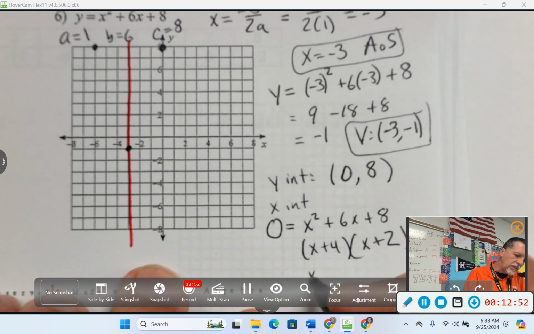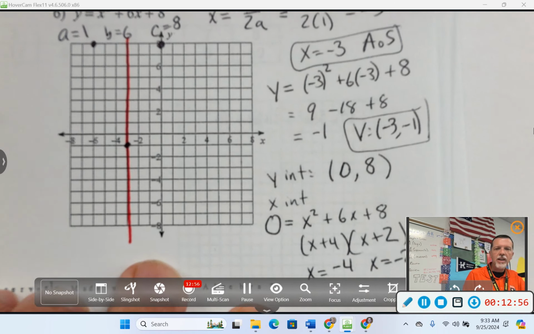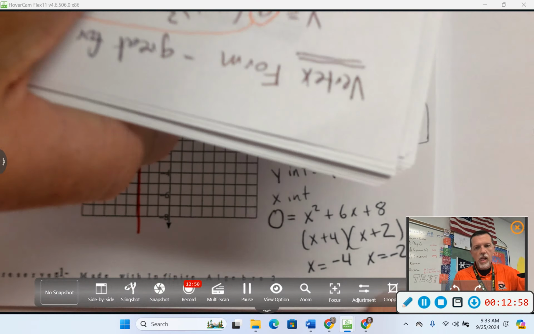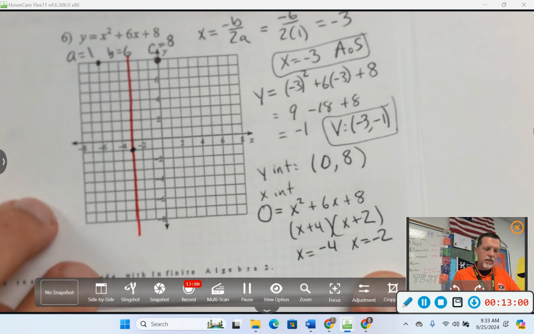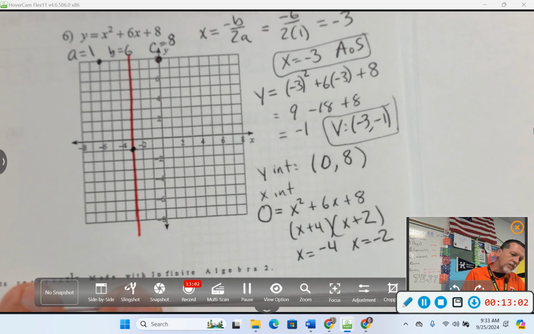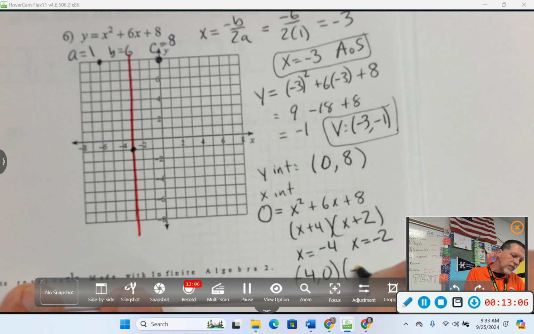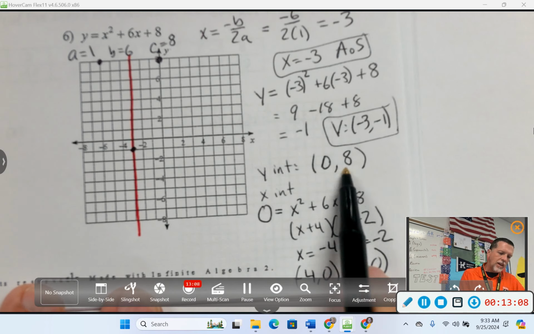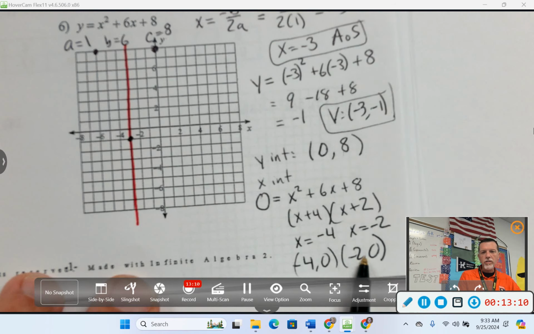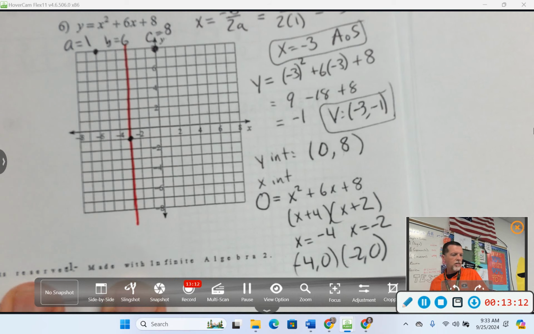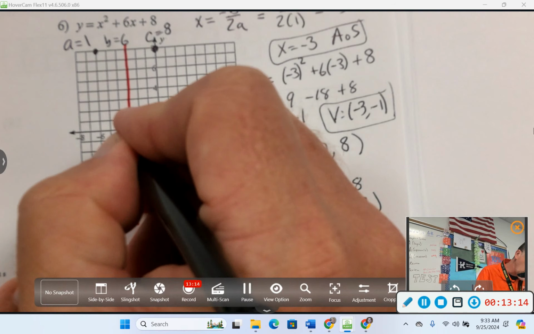If you see an easier way, hold on to that thought, because there is an easier way. Factor, and then we set our factors equal to 0. Intercepts are points, so don't just write them as 8 and 4 and 2, write out the points. So negative 4, 0 and negative 2, 0.